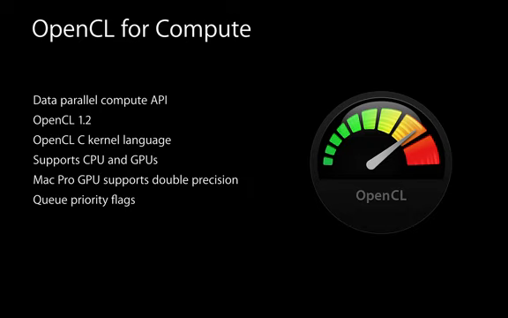So the Mac Pro has a pretty advanced AMD graphics card, or a pair of AMD graphics cards, and there are a couple of extensions that are supported. On the Mac Pro, you can use double precision, and there's actually an extension that allows you to set the priority of the OpenCL command queues that are used when you enqueue work onto the GPU. For example, on this configuration, you can set up an OpenCL command queue for background priority work.